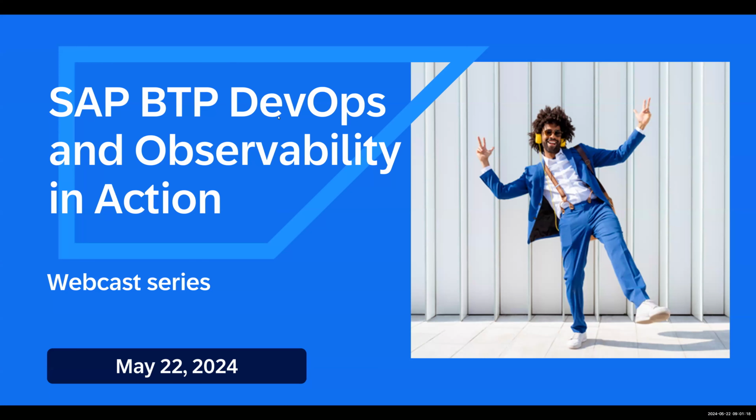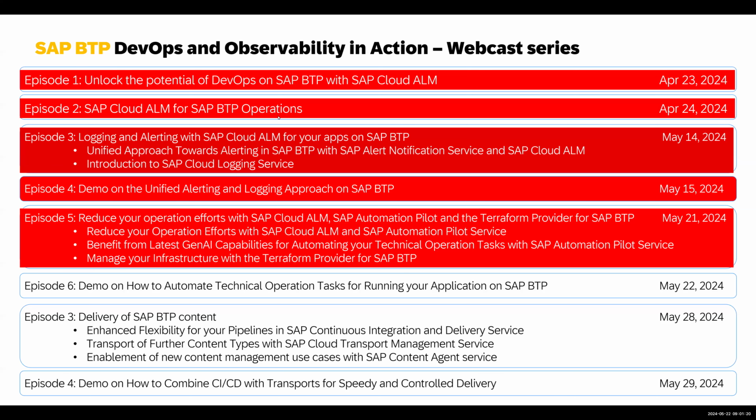So far, we've already done 5 episodes. Episode 1 was Unlock the Potential of DevOps on SAP BTP with SAP Cloud ALM, which was a live stream on YouTube. Episode 2, again a live stream on YouTube, was SAP Cloud ALM for SAP BTP Operations.